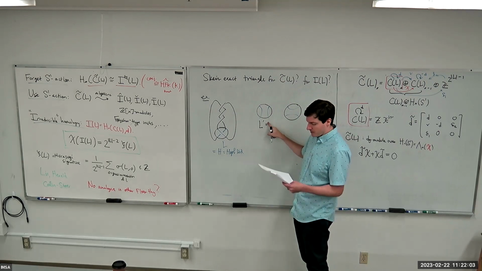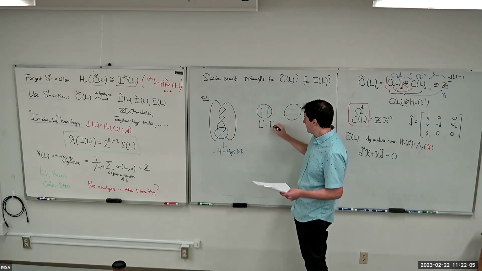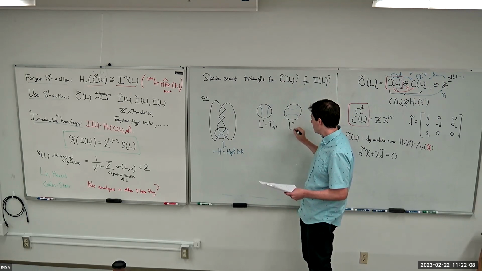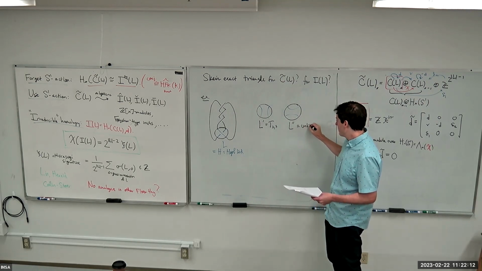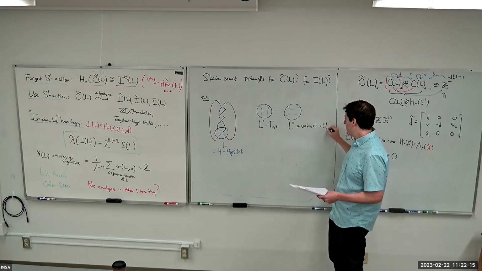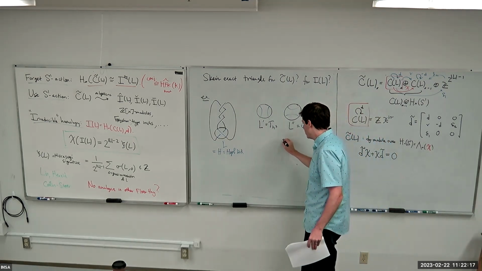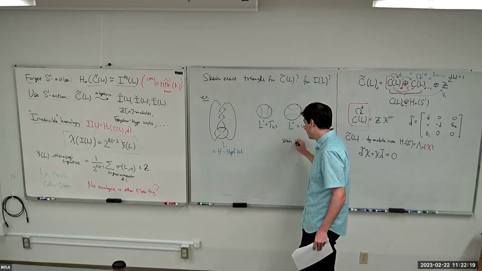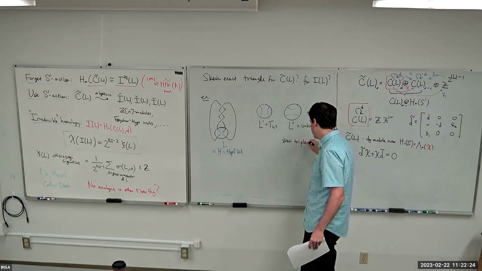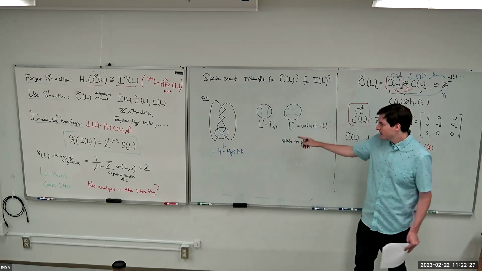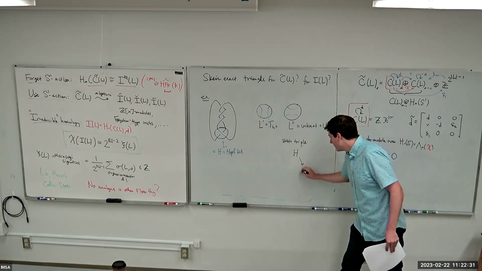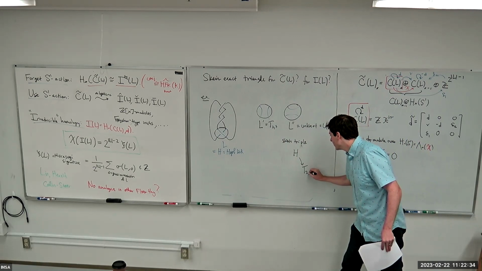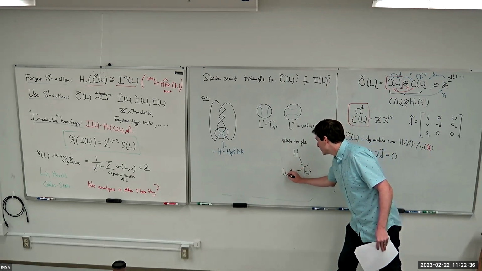This would give you the trefoil, right-handed trefoil, and this other thing would give you an unknot. So you have a skein triple, not a triangle, which I'll just write like this, involves the Hopf link, the trefoil, and the unknot.